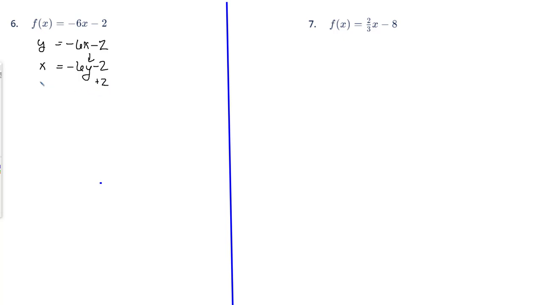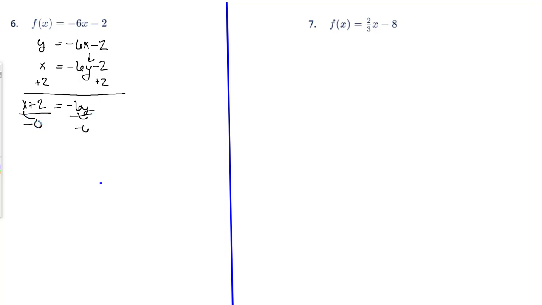Add 2. What do I do to get the -6 away from y? Divide by -6.